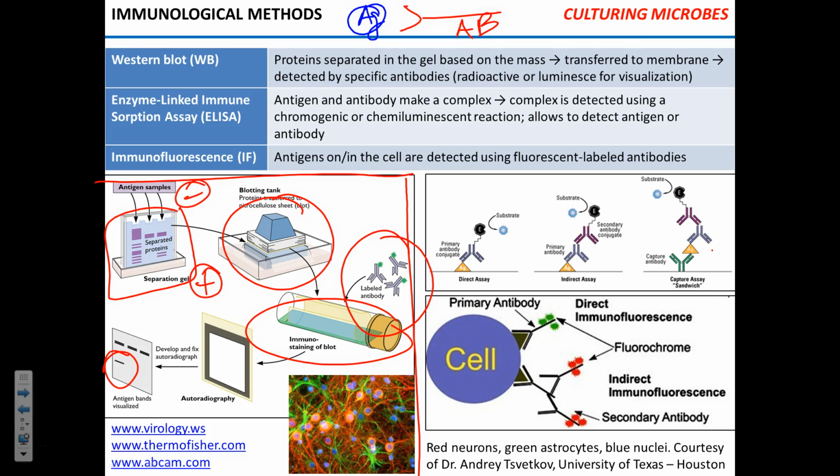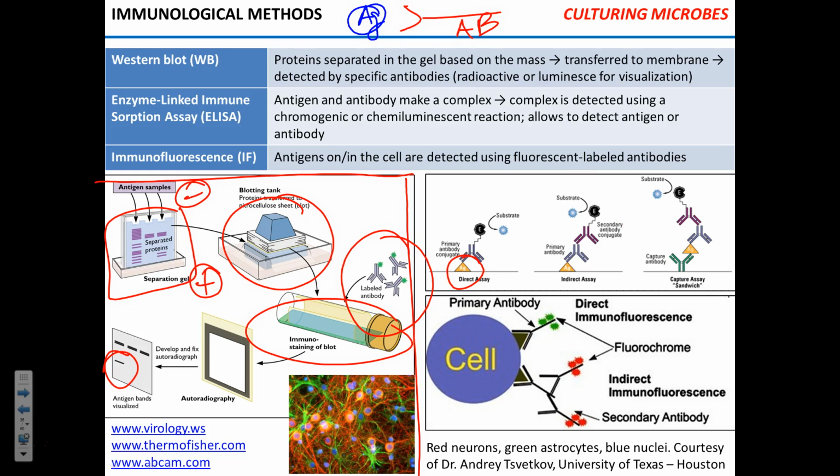Okay, so we have antibodies that recognize a specific protein on the membrane after the separation. Pretty much the same. As long as you get the idea of antigen and antibody, everything else is the same, just a slightly different technical arrangement. ELISA.